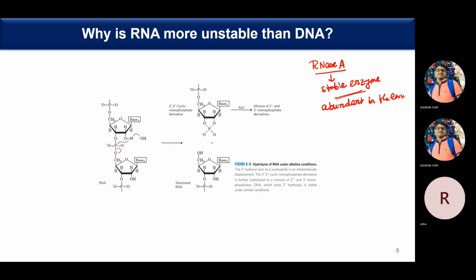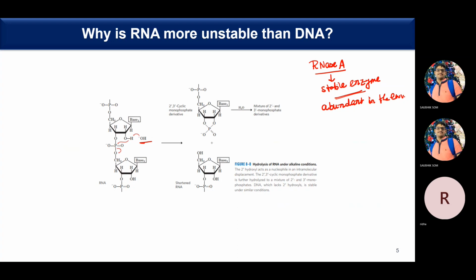Another reason is that RNA is very much unstable, because if there is an OH ion, this OH can attack this hydrogen here, and then this will have a free ion.